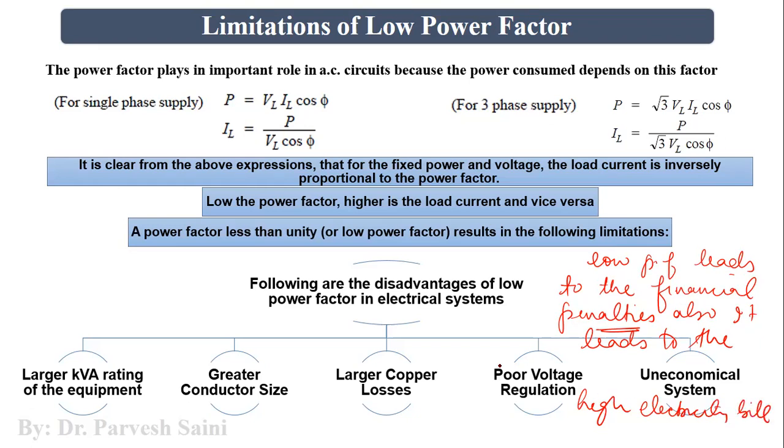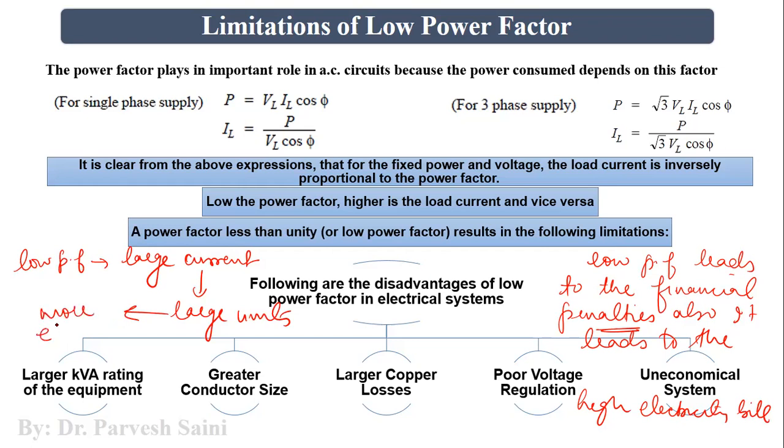If the power factor is low, large current will flow. Low power factor means large current, means large units, so more electricity bill. This is what happens when the power factor is low.